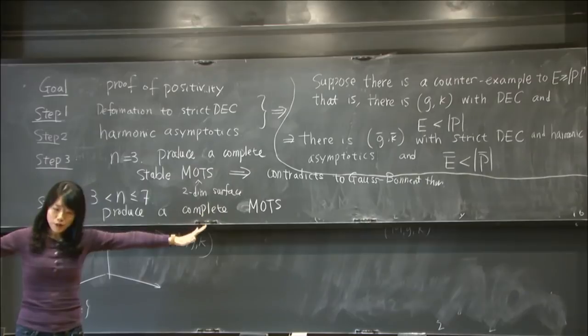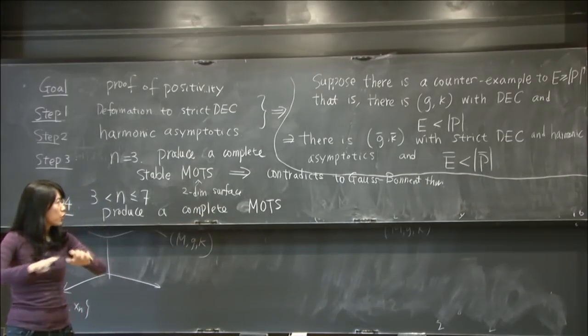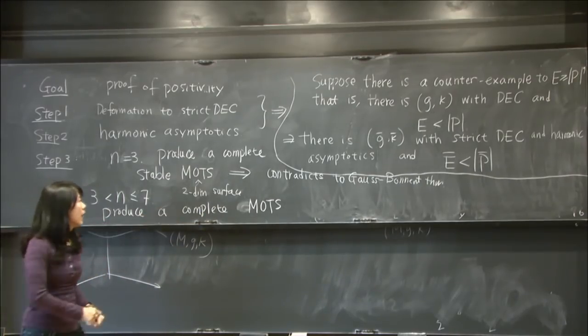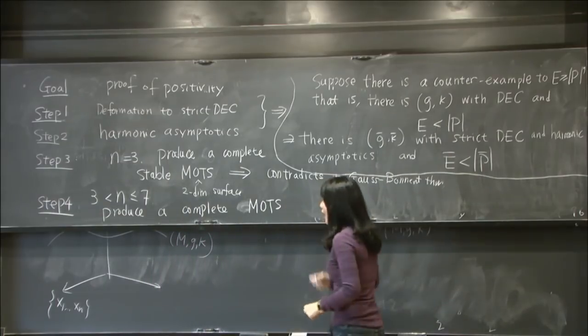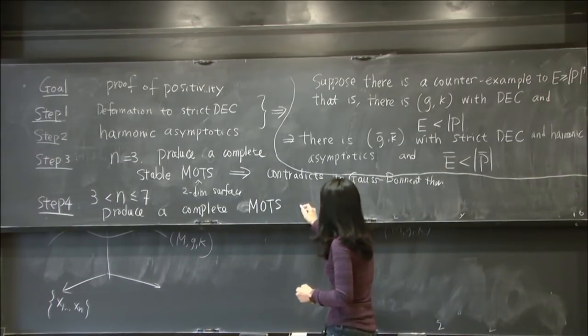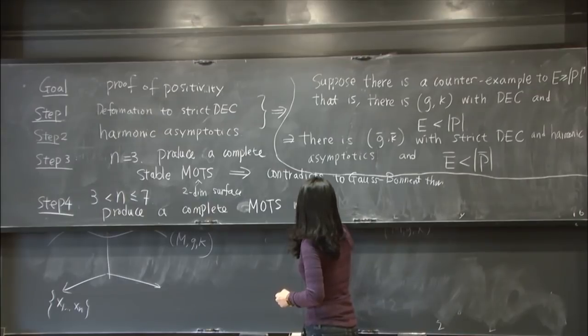So there will be a manifold, a hypersurface, which is open, a hypersurface inside the manifold N, and somehow with a stronger stability.